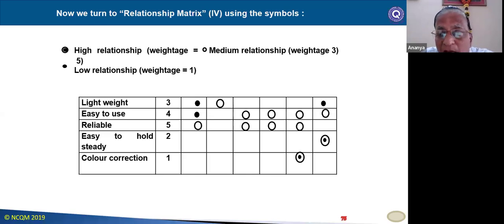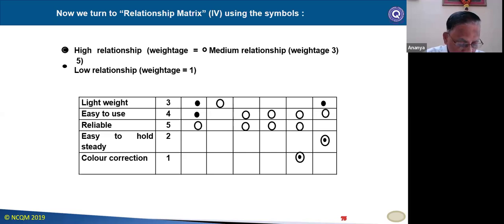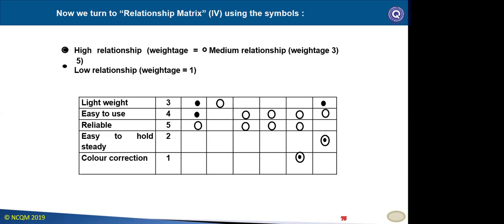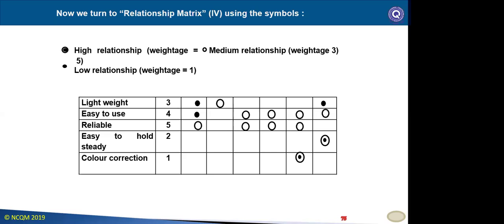Lightweight is a requirement, and if you go to the previous slide, number 1 was low electricity requirements. So lightweight and low electricity requirement have no relationship, in fact. Correct. Therefore, low relationship is indicated and weightage is given as 1.